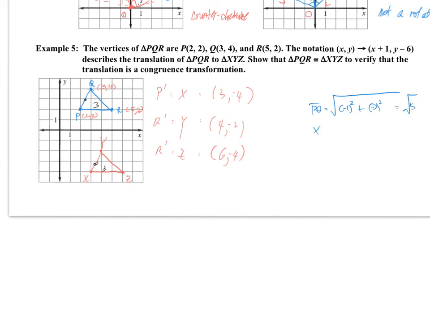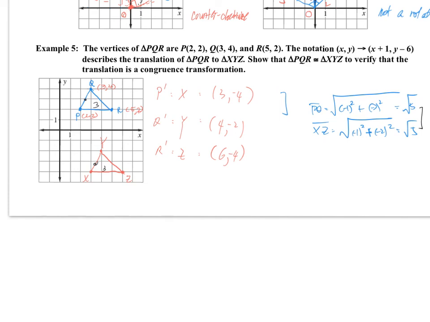And our XY, just going to look at these two points here. 3 minus 4 is negative 1, so I'm going to square that and add it to the difference of negative 4 and negative 2, which is negative 2 squared, which is square root of 5. So therefore, PQ is congruent to XY.